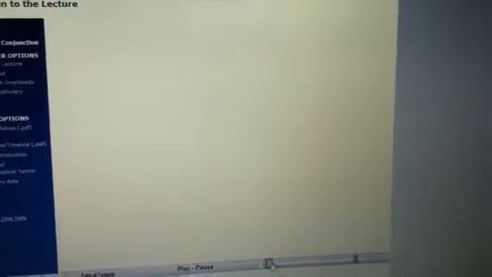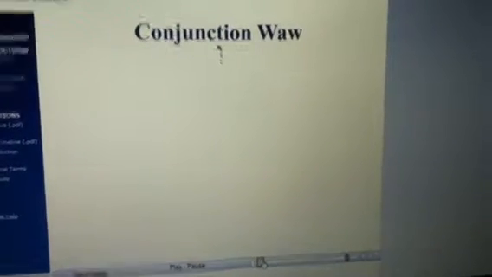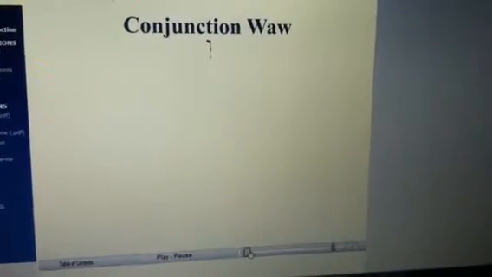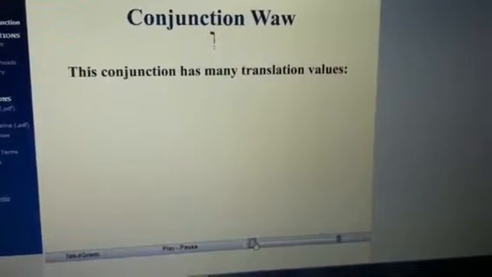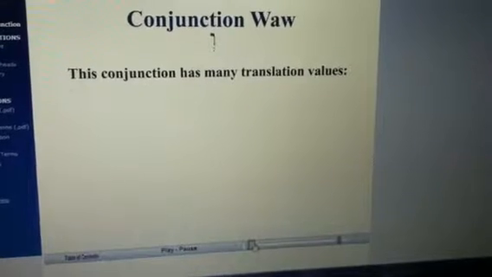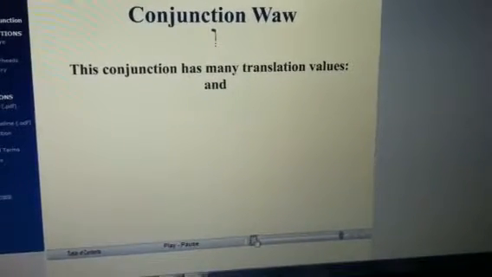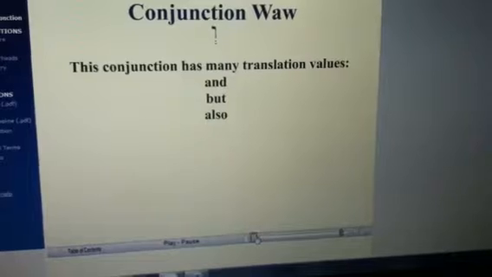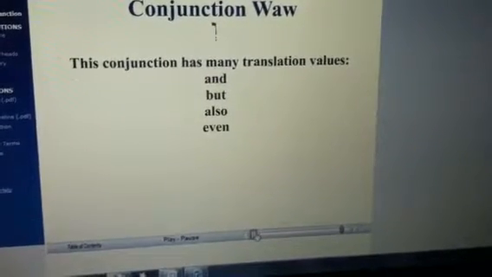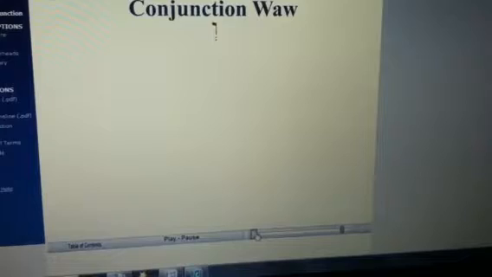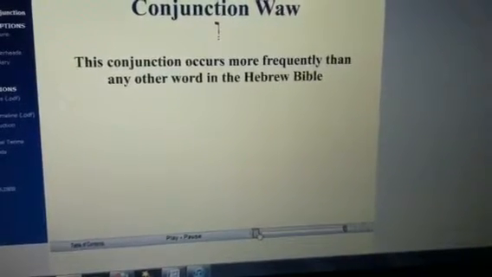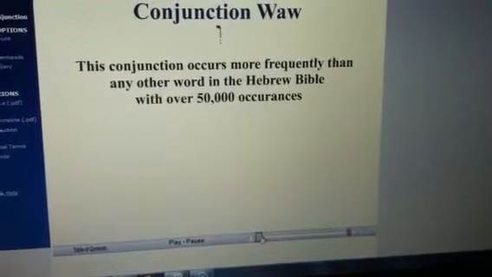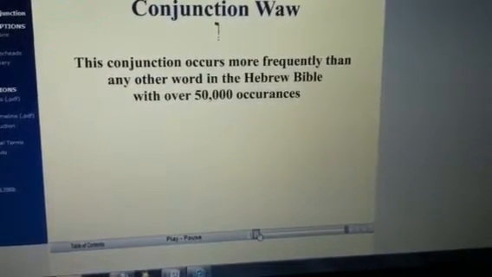Now, in the second half of chapter 5, we turn to the study of the conjunction v, spelled vav with vocal shewa. This conjunction has many translation values, commonly and, but, also, or even. This conjunction occurs more frequently than any other word in the Hebrew Bible, with over 50,000 occurrences.